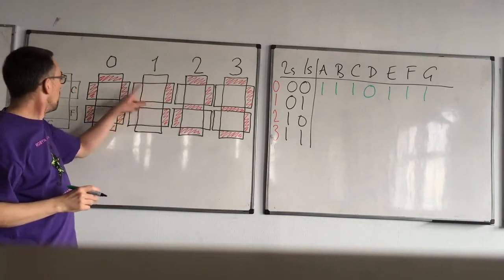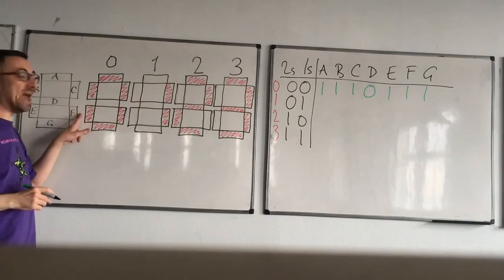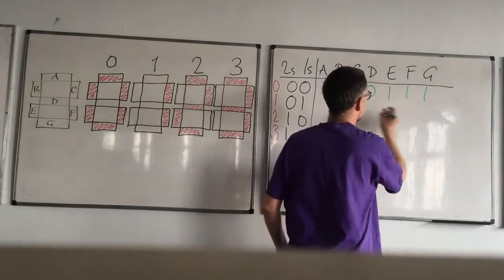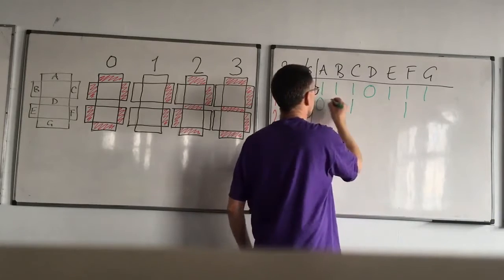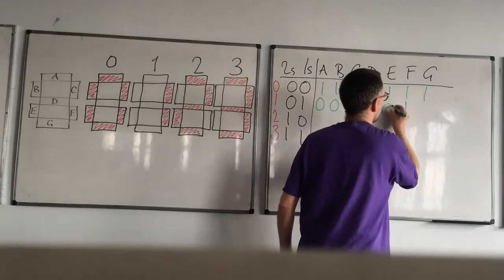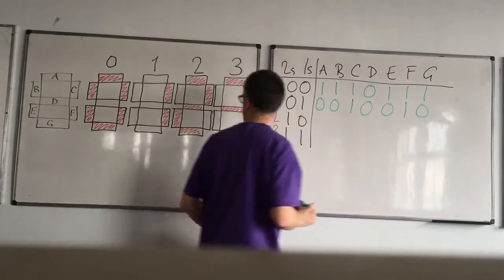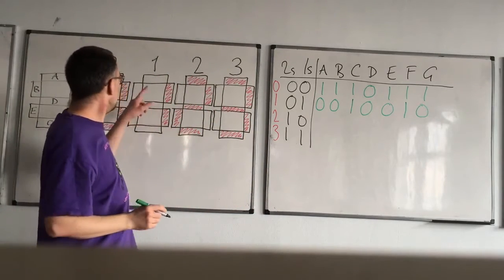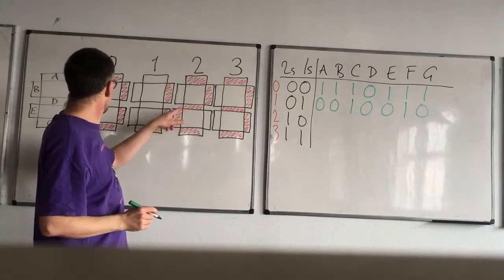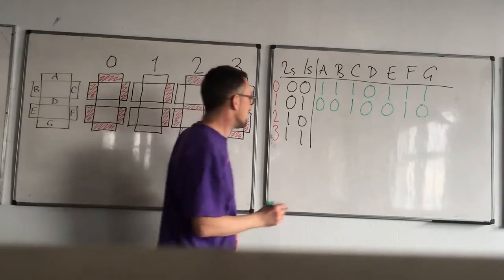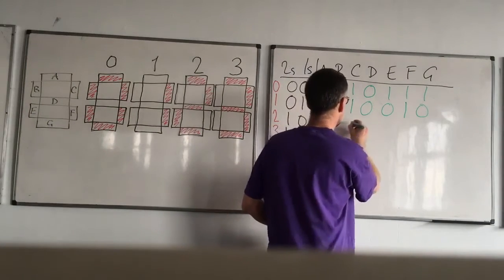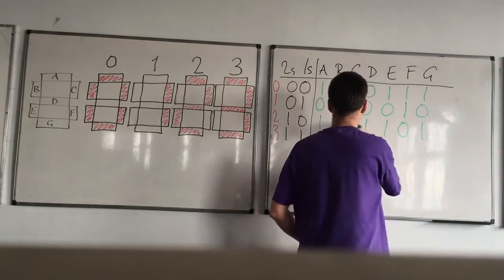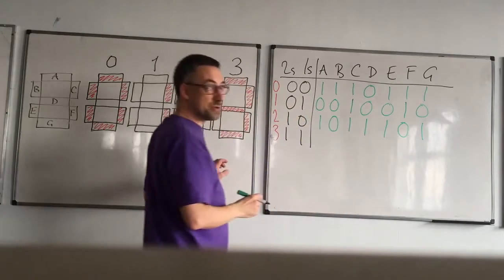For 1, only C and F are being displayed, and we have nothing everywhere else. For 2, we have A, C, D, E and G, and zeros for the other 2.